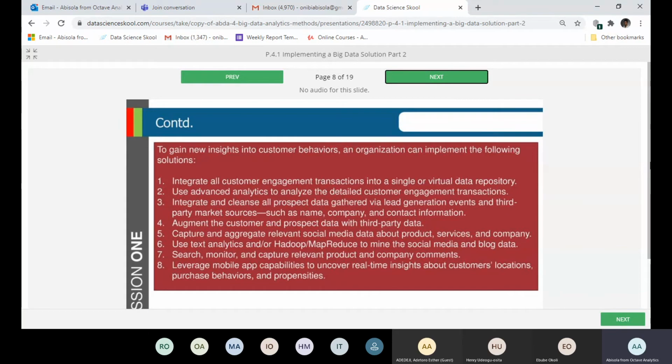So a customer can be in a location, say in Lagos State, maybe Victoria Island or something, and you notice that based on location, the customer is always going towards a particular area. So maybe that particular area is an area where they sell some kind of product.